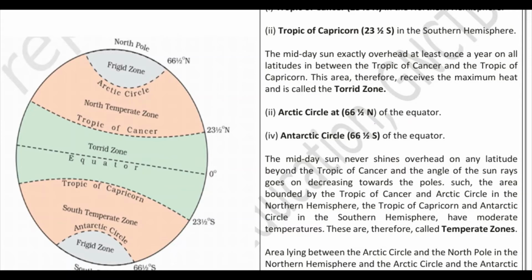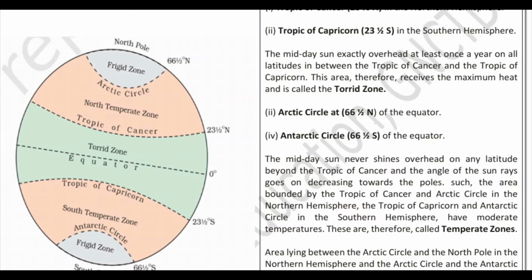Then, as you can see beyond the Tropic of Cancer, the angle of the sun rays goes on decreasing. Now we are going to study the Arctic Circle, which is located at 66 degrees north of the equator, and the Antarctic Circle at 66 degrees south of the equator.